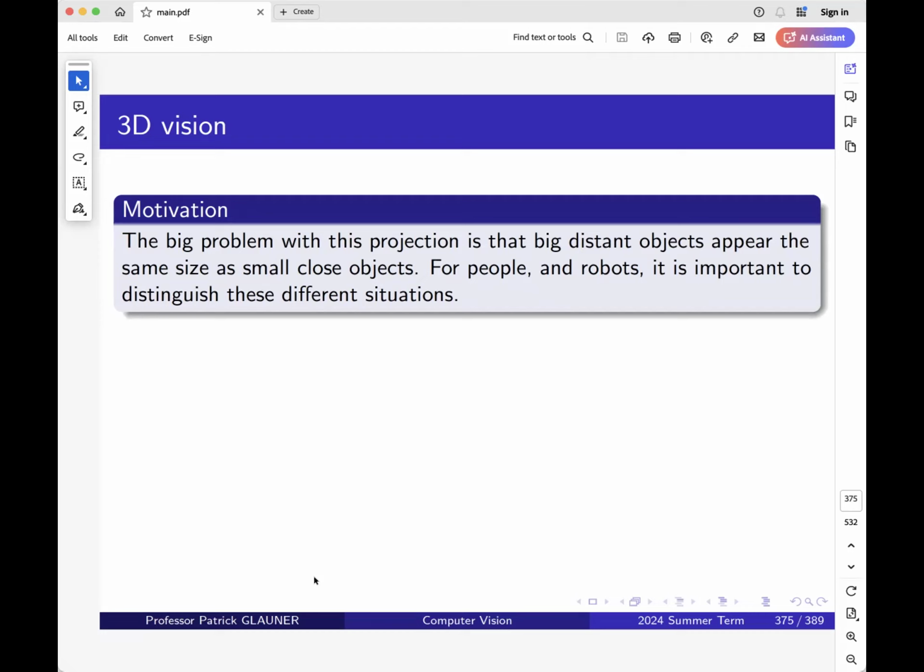And that's why we lose some information. But a consequence could be that big distant objects appear the same size as small objects. So inferring distance from the camera just with a single image is tricky.